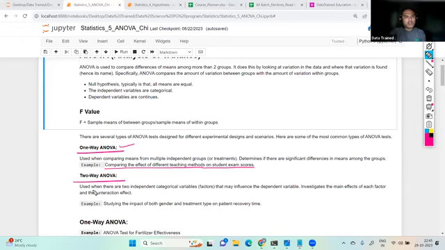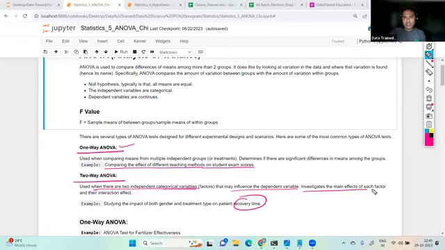This test can be used when there are two independent categorical variables. Gender, male and female, and treatment are independent categorical variables that may influence the dependent variable. The dependent variable is what? Recovery time, right?